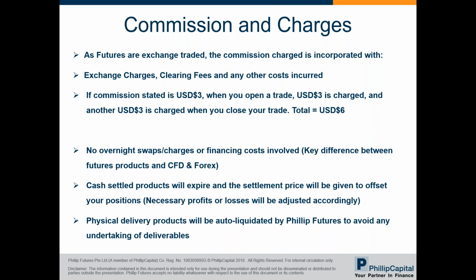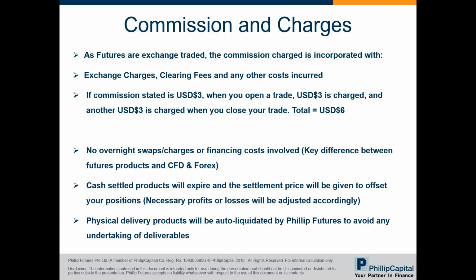So, commission and charges that you're paying. As futures contracts are exchange traded, the commission chart is incorporated with exchange charges, clearing fees and any other costs incurred. There is a necessary cost paid to the exchange, so it can't be running on a 0% commission structure.